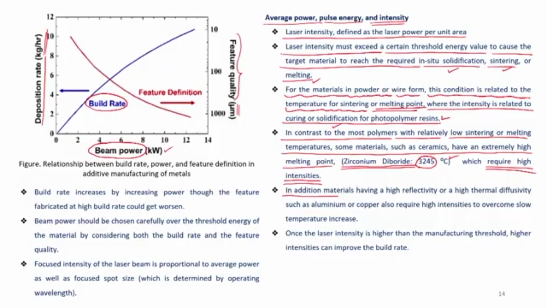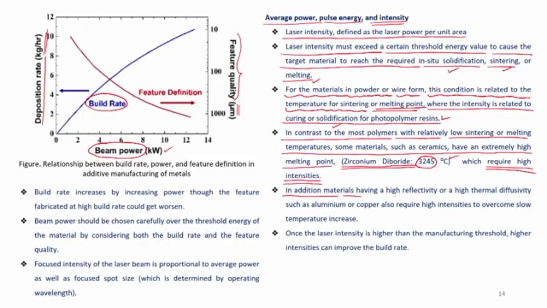In addition, not only the materials which have a high melting point, there are certain materials which have high reflectivity. To process such materials, we have to cross the threshold of the absorption.